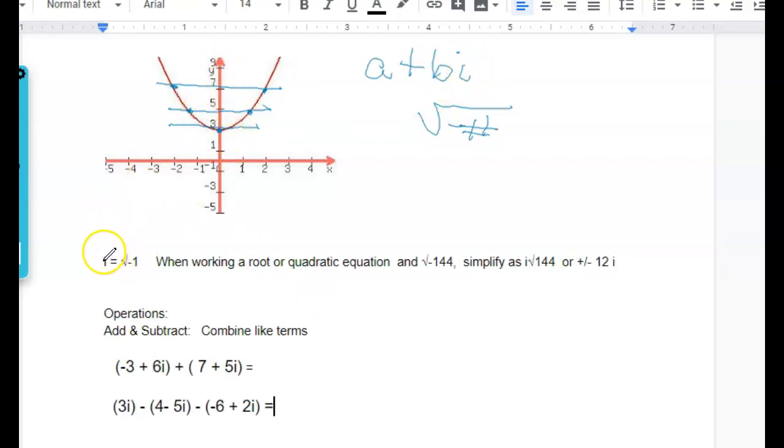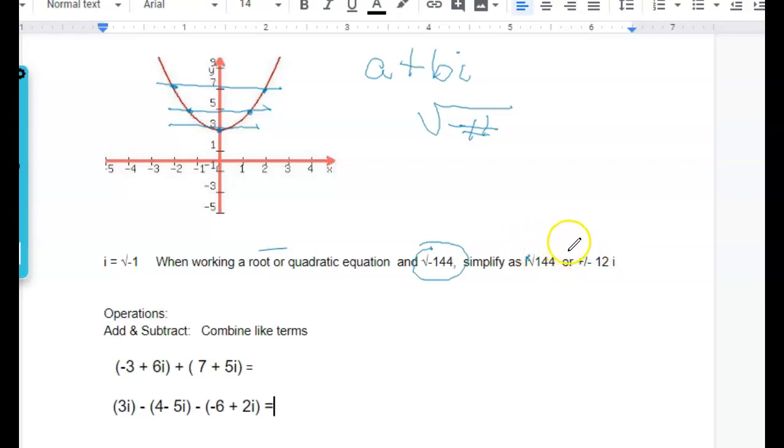The biggest thing to remember is i stands for the square root of negative 1. So anytime you're square rooting in a quadratic and you get something like this, square root of negative 144, I have to bring the i, or the imaginary part, out first, this negative. So I'm like factoring it. So I move on and it says it's i times the square root of 144.